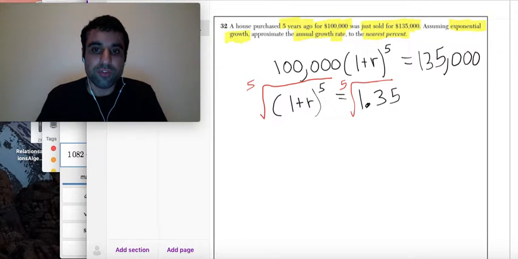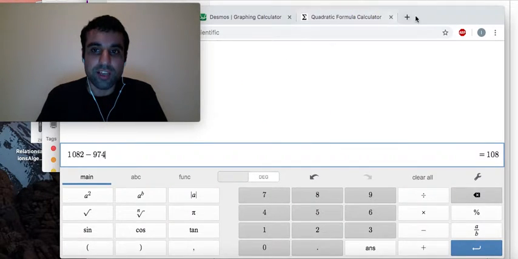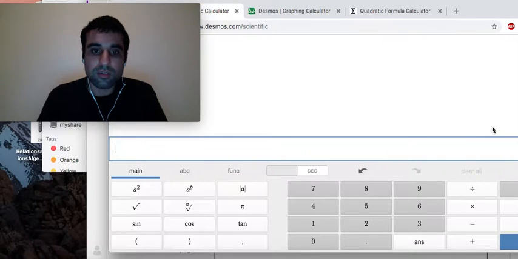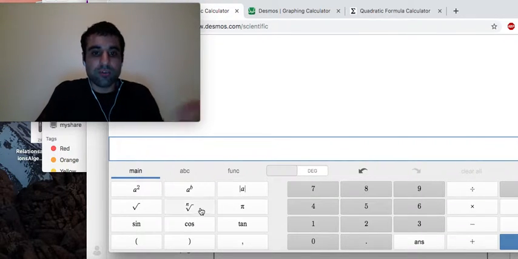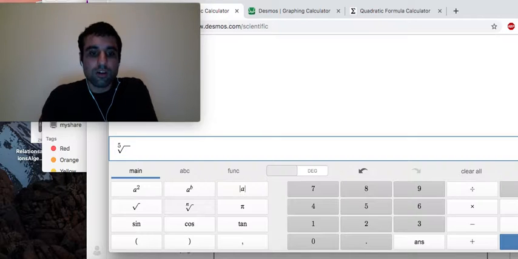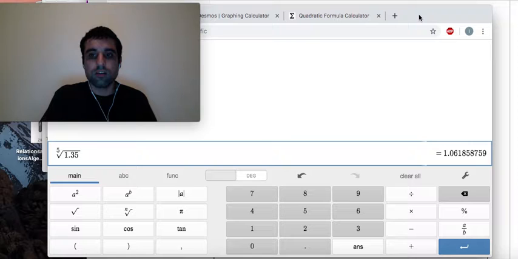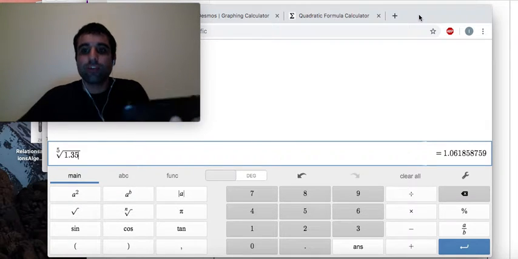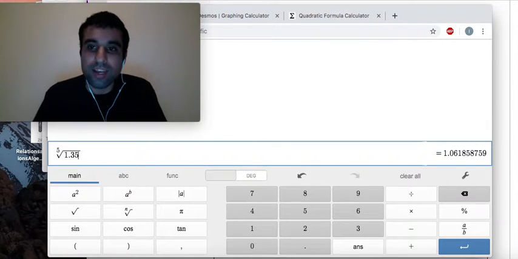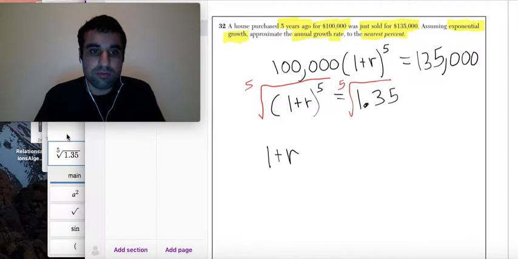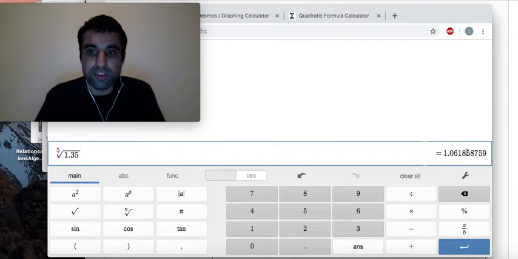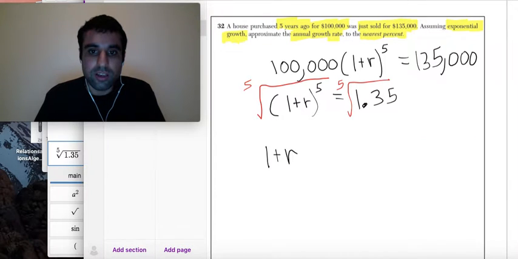So the 5th root and the 5th power cancel, and I get 1 plus r is equal to the 5th root of 1.35, which if I use the calculator, I get 1.0619. I don't need to go farther than that. So 1 plus r is approximately equal to 1.0619.